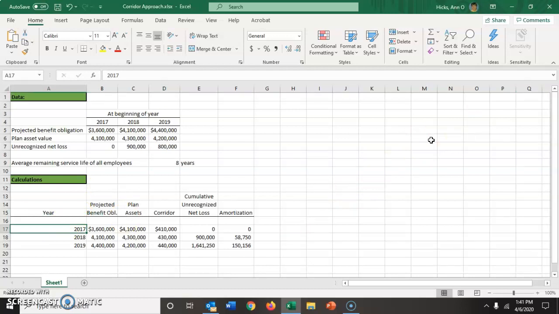We use what is referred to as the corridor approach. What FASB basically is saying here is it's entirely possible that if you have a net loss in 1 year related to your pension, you may have a gain in the next year, and they may actually offset each other. And that's why we're going to let you put them in accumulated other comprehensive income and amortize them over time.